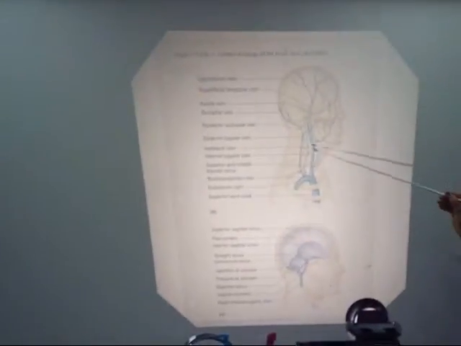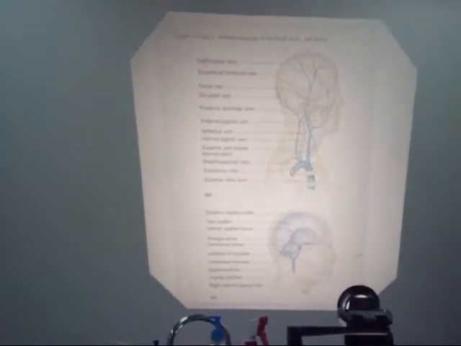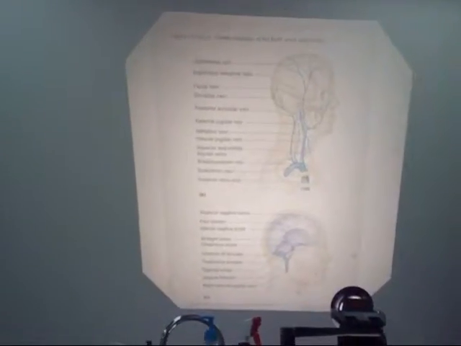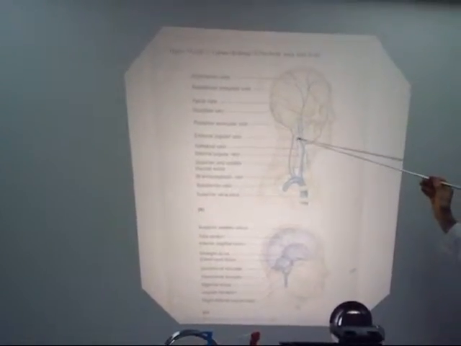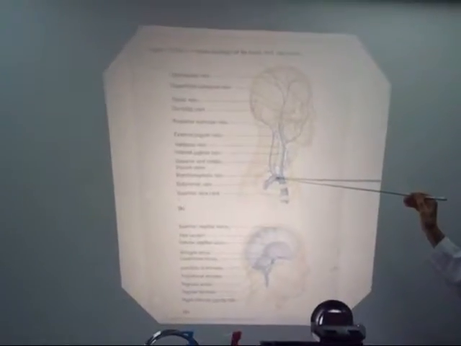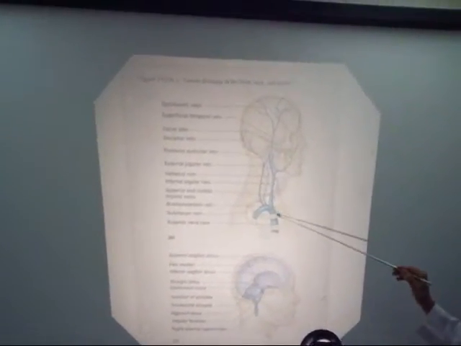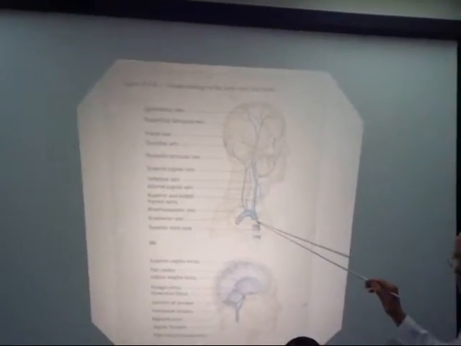Now, the external jugular vein is a little bit lateral to the internal jugular. So the external jugular vein is going to drain into the subclavian right here. Whereas the internal jugular vein is basically joining the subclavian, and where they join is the beginning of the brachiocephalic vein, which enters into superior vena cava.